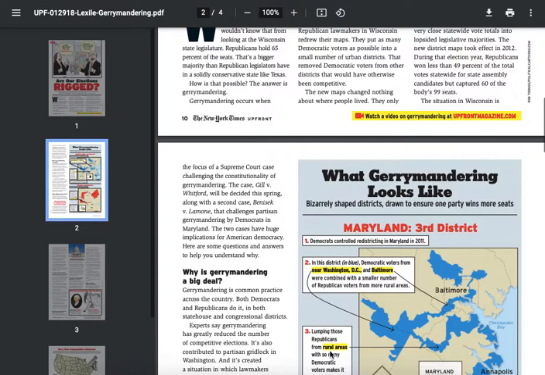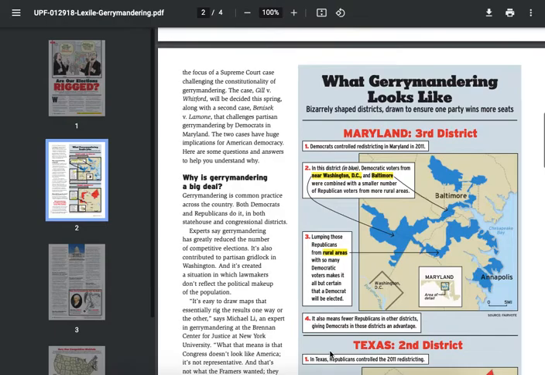The case is titled Gill versus Whitford, which, spoiler alert, I'm sorry to say, this article is a few years old. Since then, the Supreme Court decided that gerrymandering is in fact allowed and that the states can do it. And there's a second case titled Benisek versus Lamone that challenges partisan gerrymandering by Democrats in Maryland. The two cases have huge implications for American democracy. However, unfortunately, we are still practicing this. Or fortunately, maybe it's something we think should stick around.